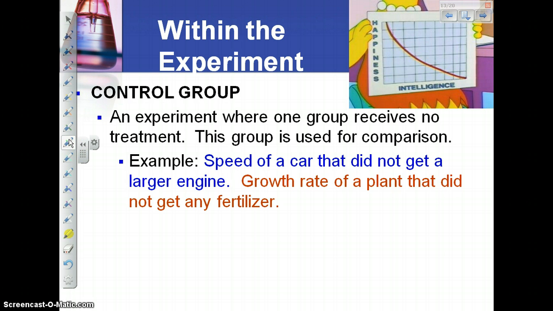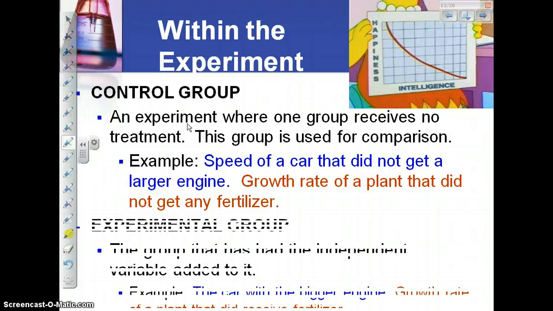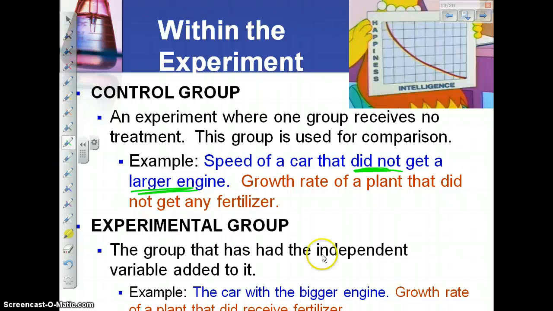Well, the group that did not get the larger engine, did not's the key there, is going to end up being your control group. You know what a normal size engine will do. We're trying to see what happens if the engine gets bigger. So the control group is the group that receives no treatment. Your experimental group is the group that has the independent variable.